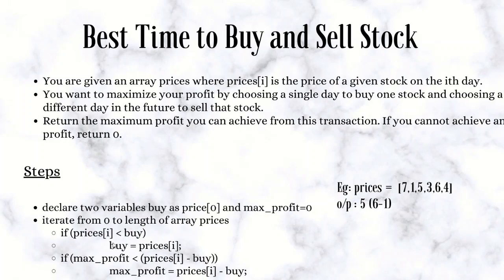The max profit value is 0. Prices of i is 1 and the buy value is 1, so this is passing.